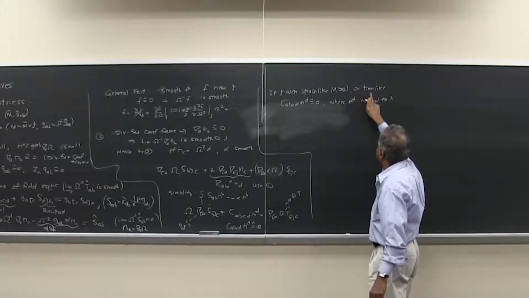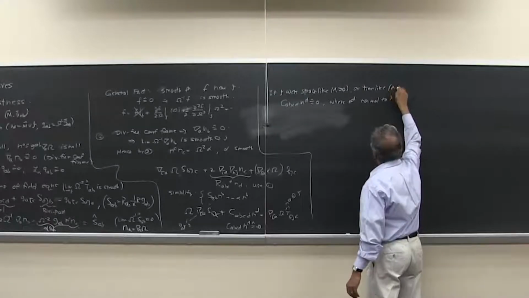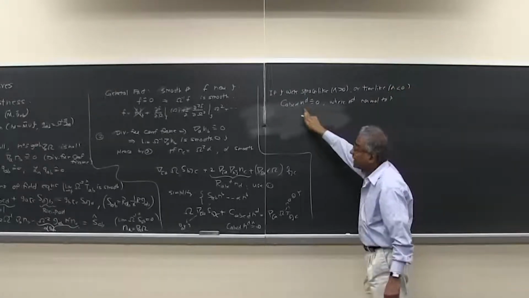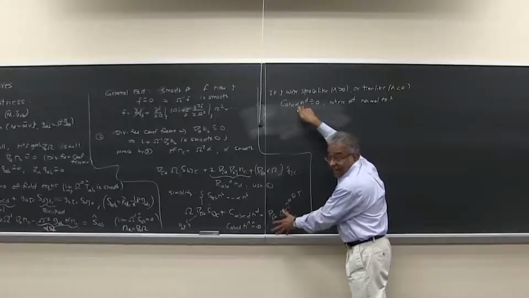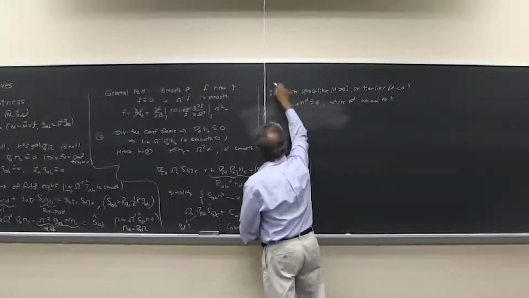If scri were time-like, then n will be space-like. Okay, in our case it is null, so I'm just making a side remark up here.